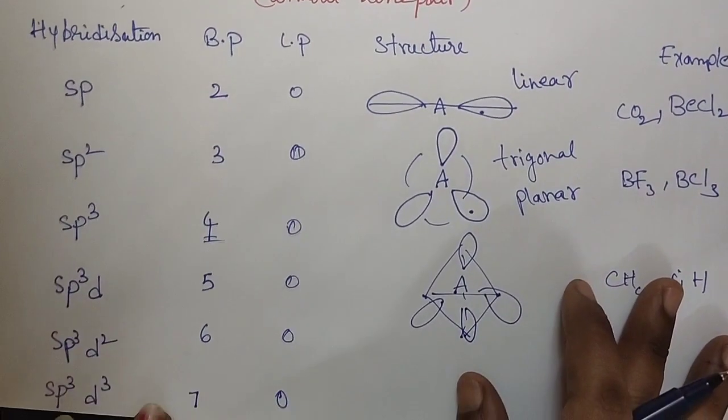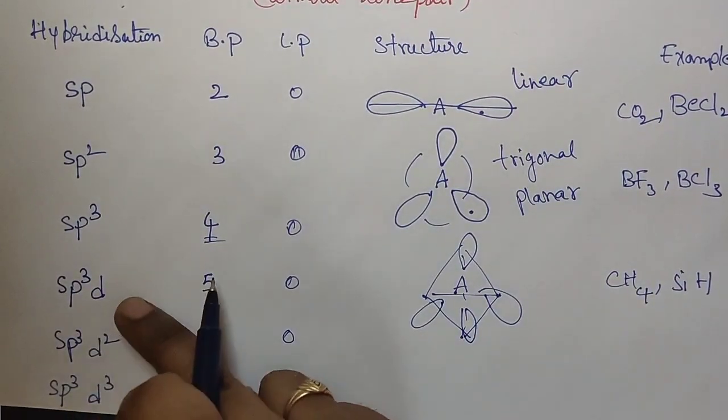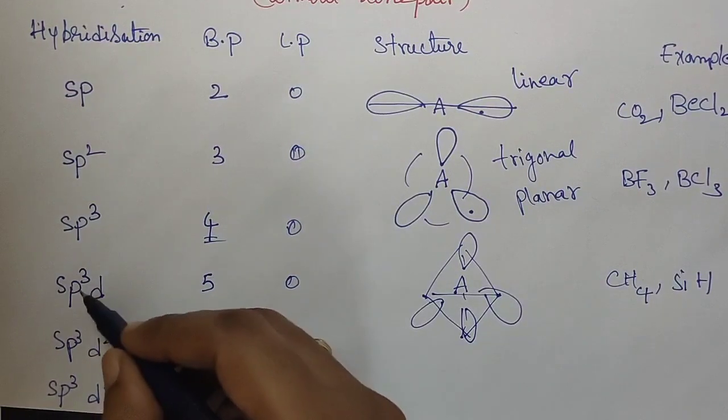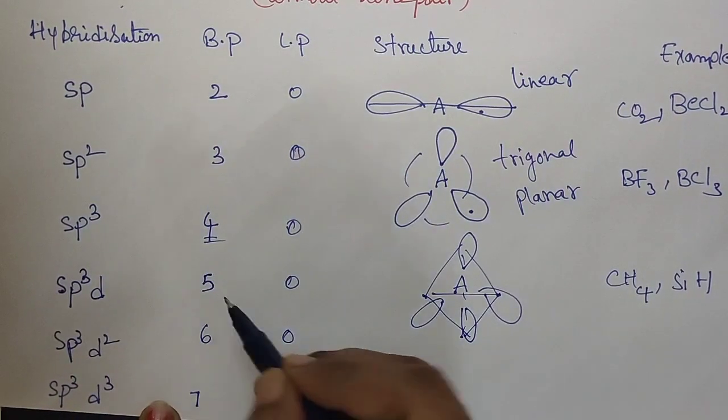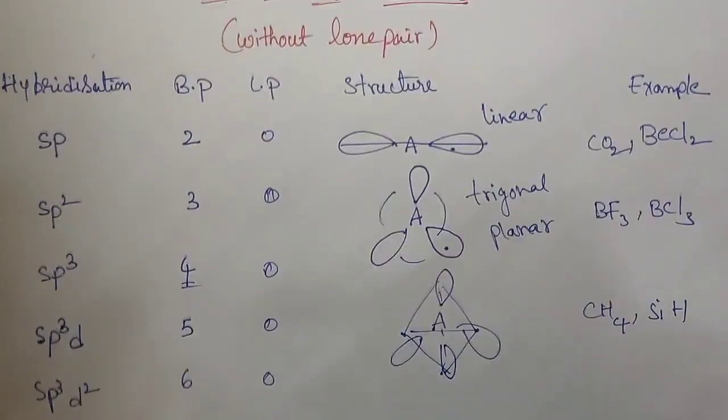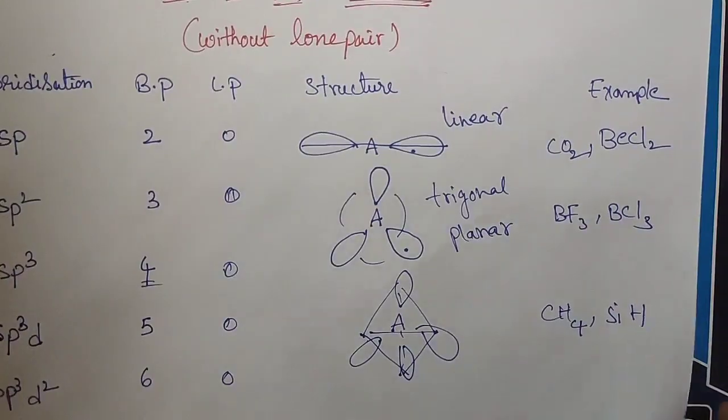Next we'll go for sp3d. How many hybrid orbitals are there? 3, 4, 5. Total 5 are there. How can you arrange those 5?